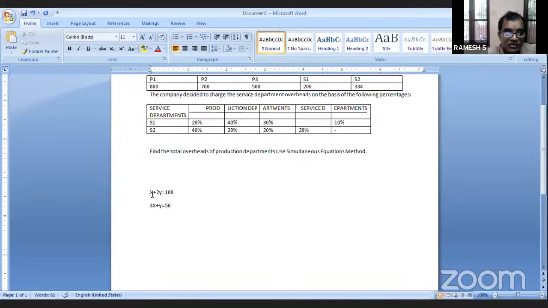the x value is not known, the y value is not known. Similarly here also, x value is not known, y value is not known. We have to find out. But for finding out, see here x is there, here 3x is there.